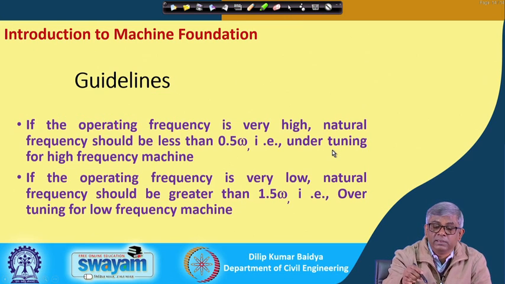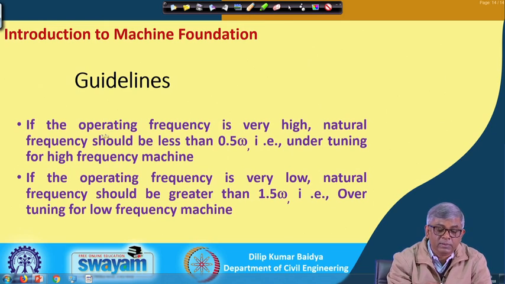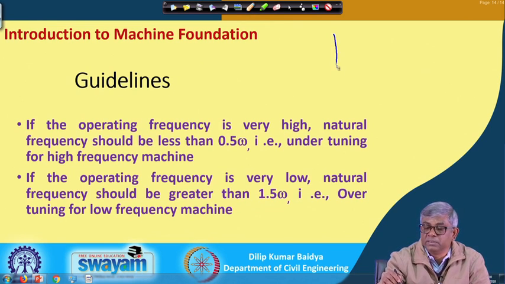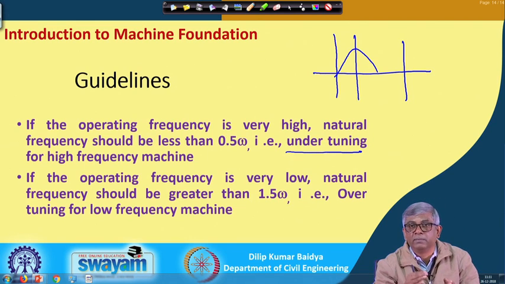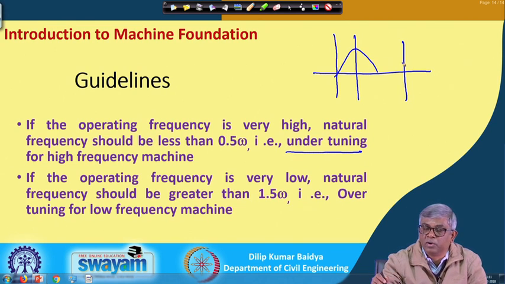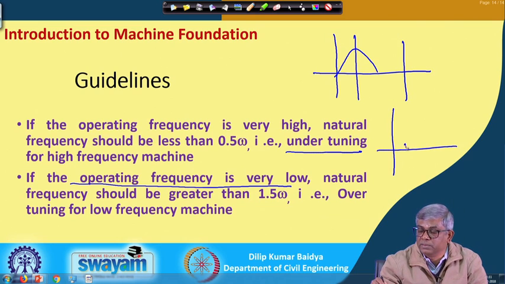Another two guidelines: if the operating frequency is very high, somewhere here, then you have to design the system like that. That means it is under-tuned, that is, you design the foundation in such a way that the natural frequency falls much below the operating frequency. And if the operating frequency is very low, somewhere here, then you have to design the system in such a way that the natural frequency is here.